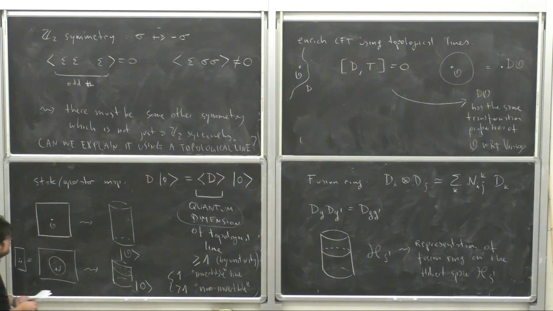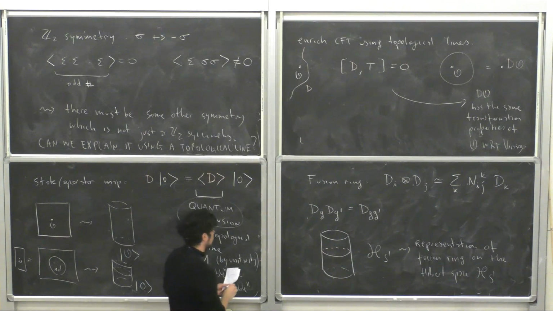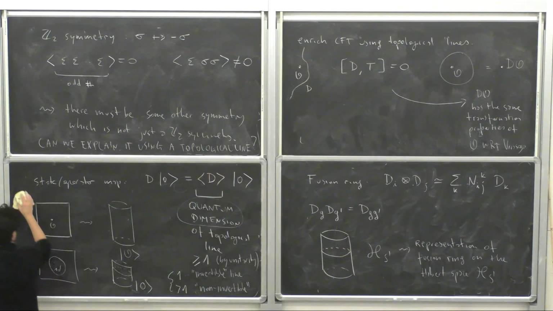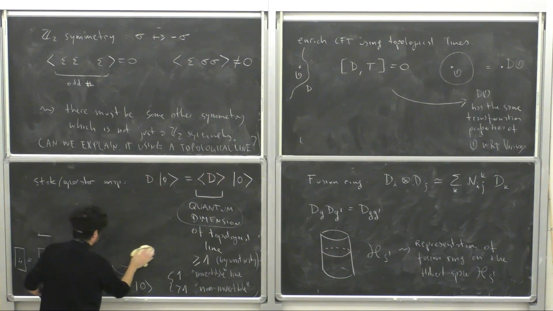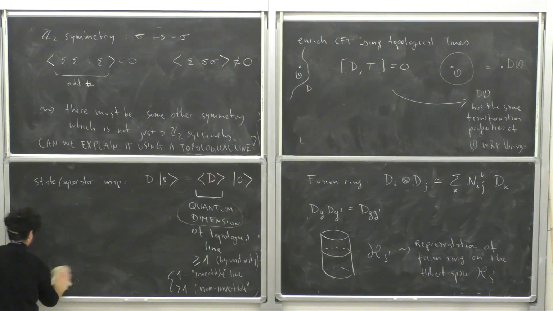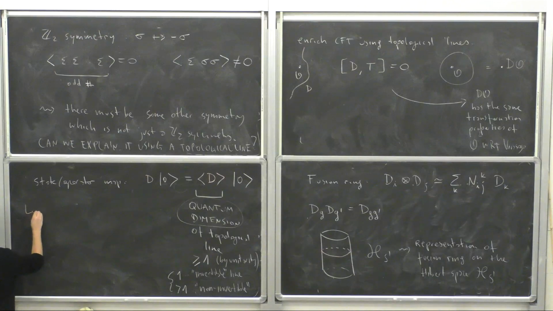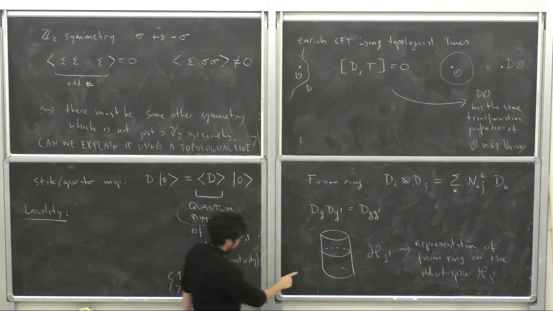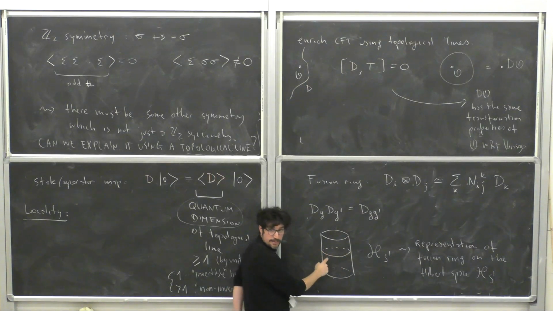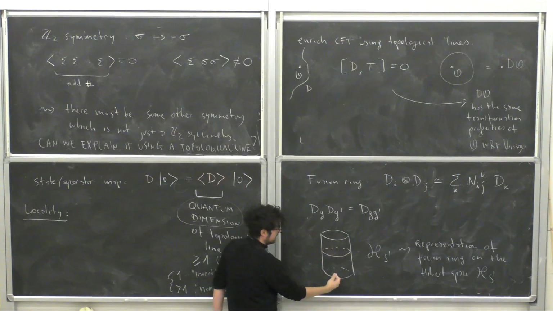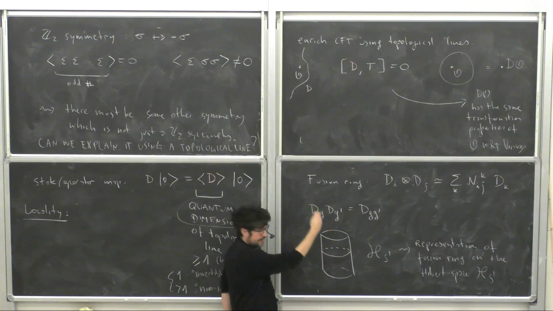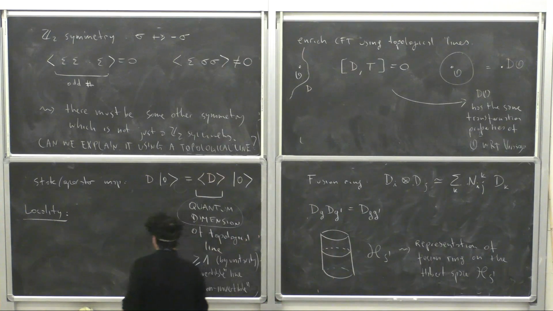Now, we can use locality. You see, by locality, if we have a picture like this, we should also have a picture where we insert the line along the time direction.